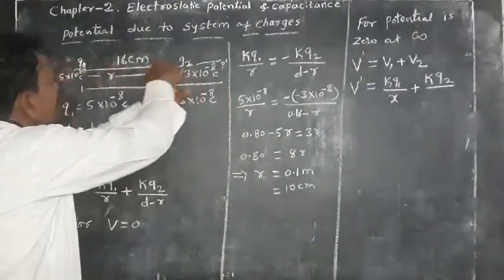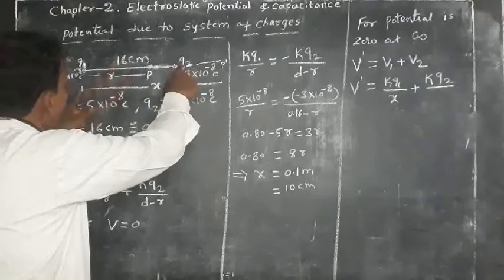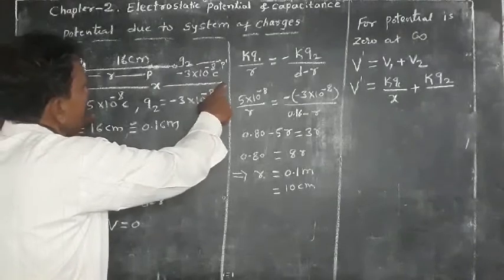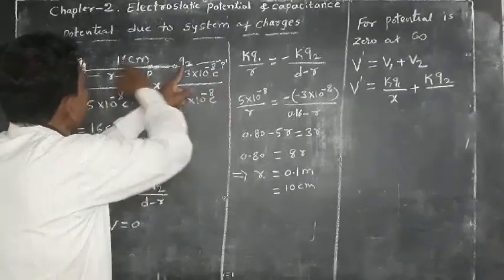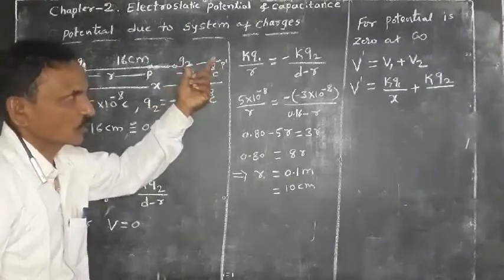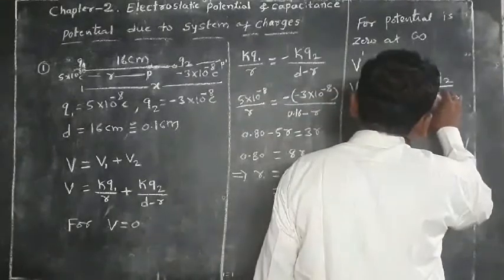Up to here distance is d, and d equal to 16 centimeter, and from Q1 to P dash it is x. This x minus d gives the distance of P dash from Q2, and that is equal to x minus d.